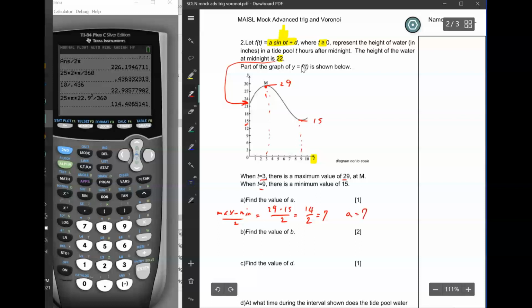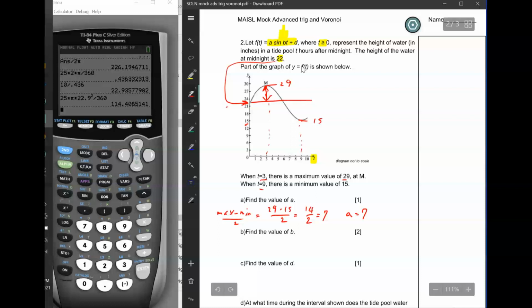Another way you could look at it is if you can already see the mean line, the center line here, you can count the difference between the center line and the max point. And we already know that the sine curve seems to start here, and let's verify that.